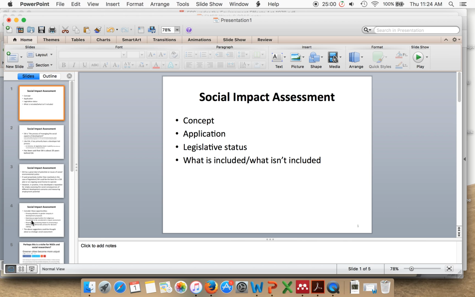Are there displacement issues in terms of having to move people, resite towns, villages, etc.? Those types of things. How are you going to frame those? What needs to be looked at and explored? And that could be a very helpful process for understanding how you might go about that.